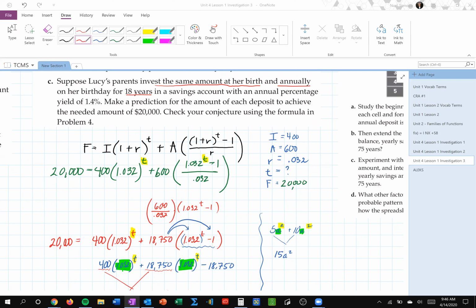Or first of all, do we know what I or A is at this point? They're gonna be the same, no? Yeah, they would have to be the same. We just don't know what it is, right?